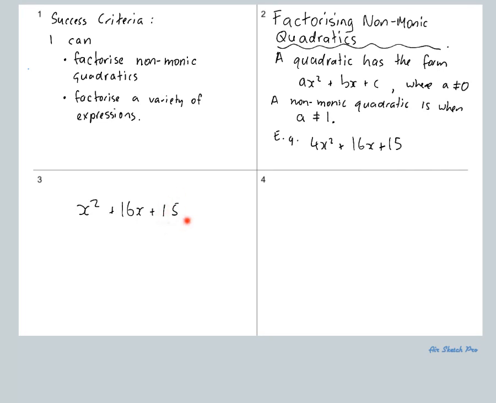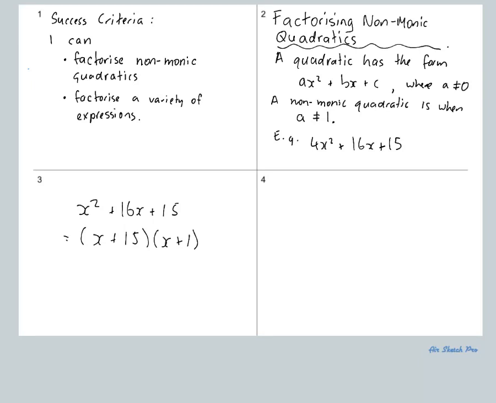So you're basically saying, what two numbers can I multiply together to give me 15 that will give me, when added together, 16? It's 15 and 1, right? 15 times 1 is 15. 15 plus 1 is 16. And so that's equal to x plus 15 times x plus 1, and you're done.